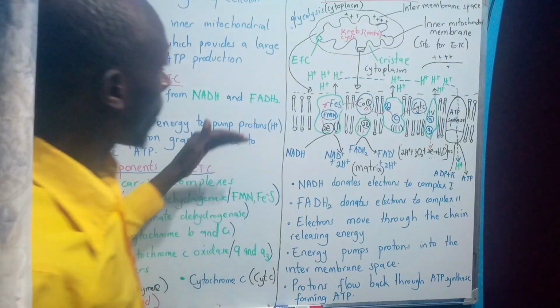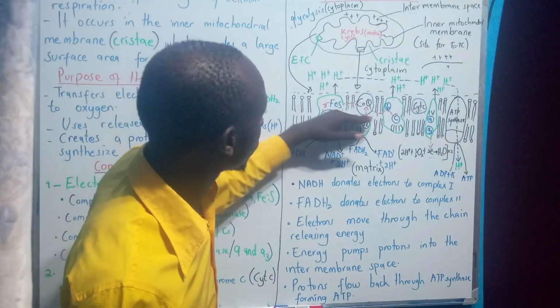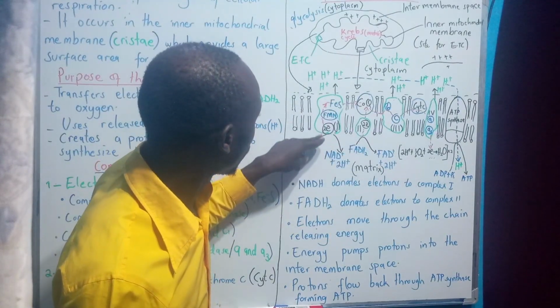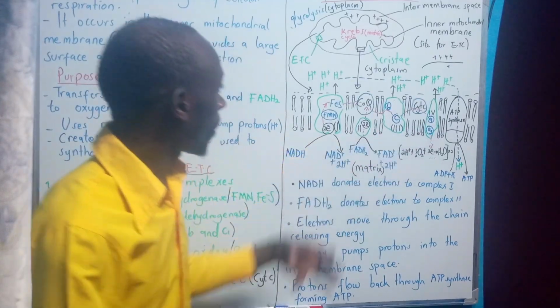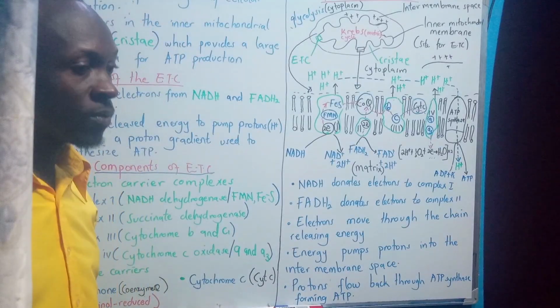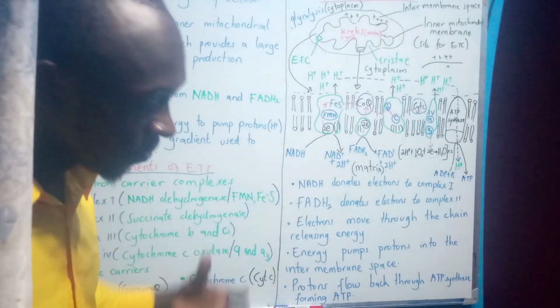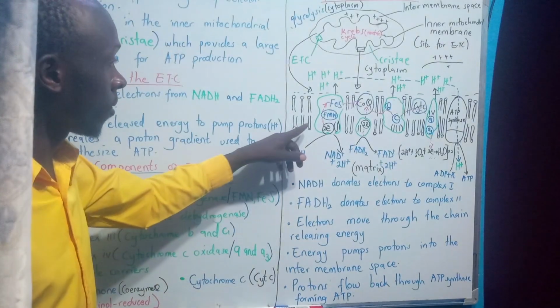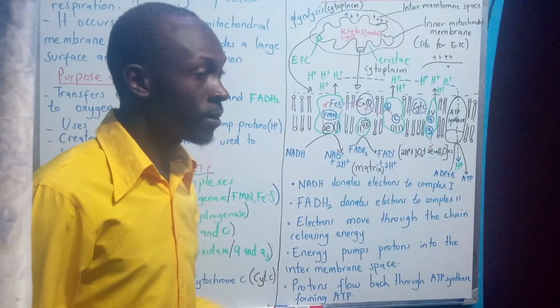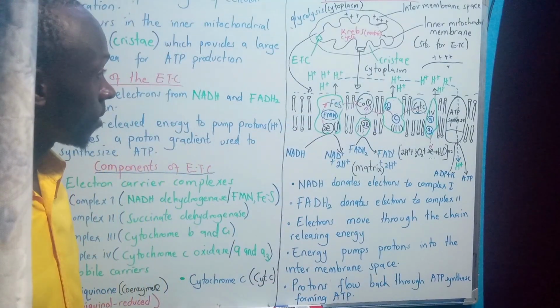Again, we see the movement of electrons from complex number 1, number 3, number 4. We know very well by definition what current is. Current is the flow of electrons. When electrons flow, current flows, and current produces electricity.